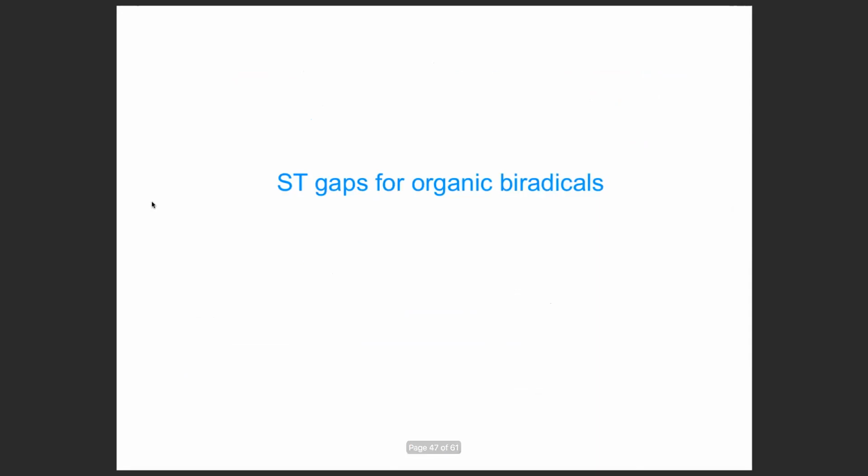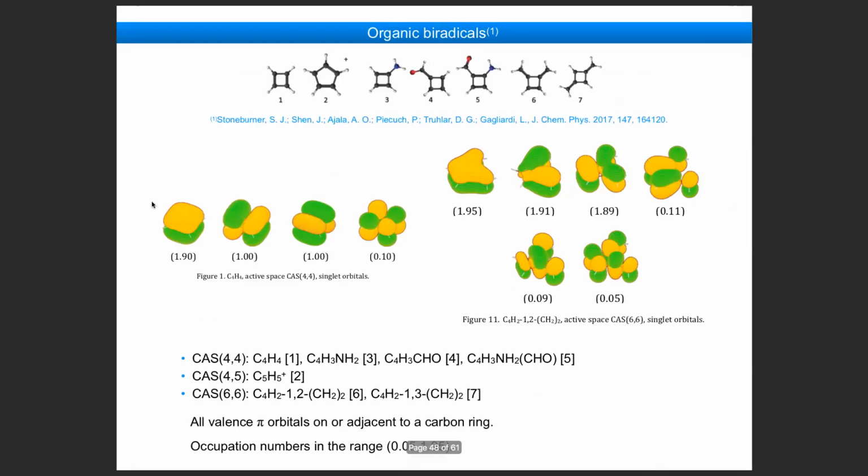Okay, another example is on organic biradicals, running out of time. So very quickly, we have also investigated biradicals based on cyclobutadiene, and also cyclopentadiene cation here, with small active spaces, but they were sufficiently large.